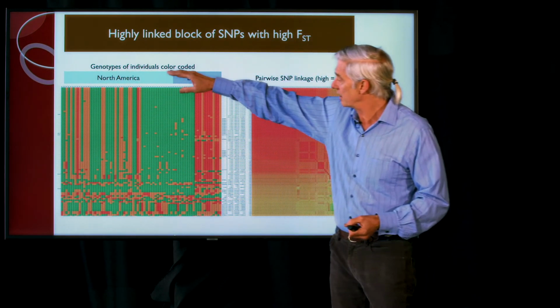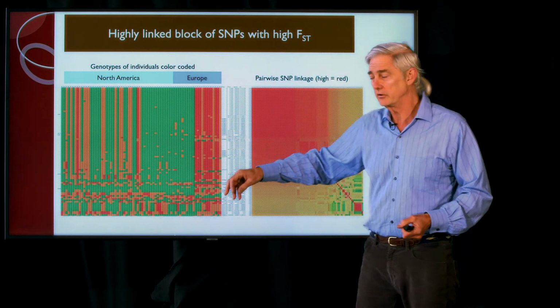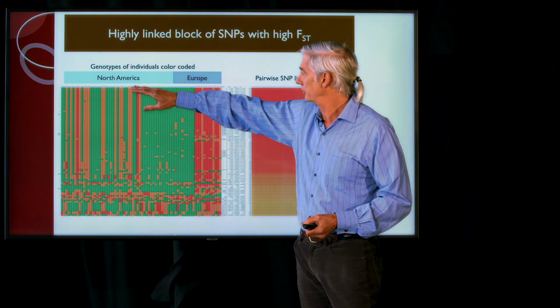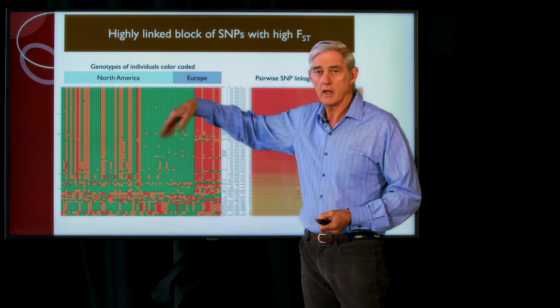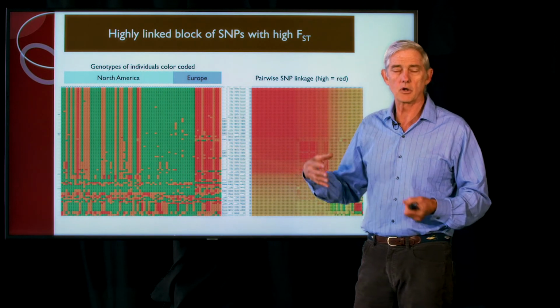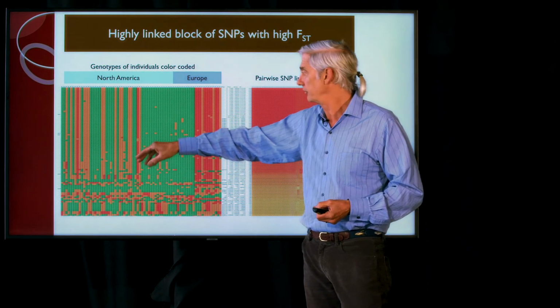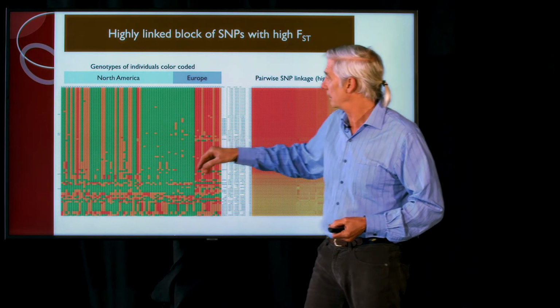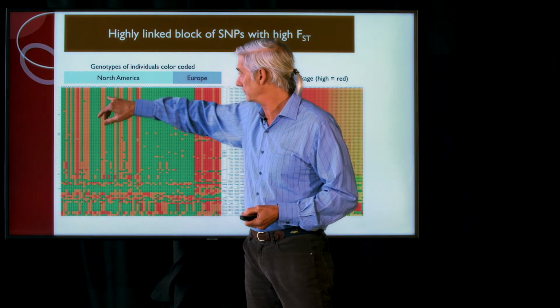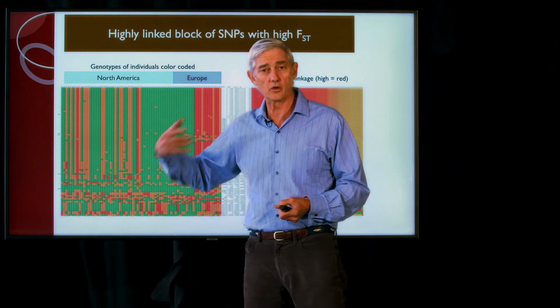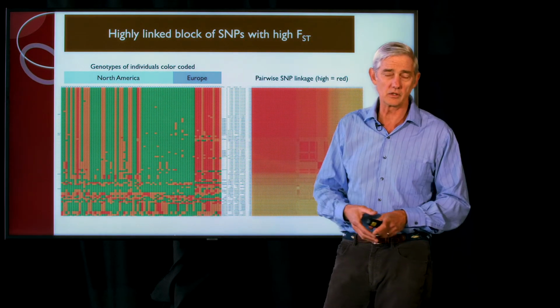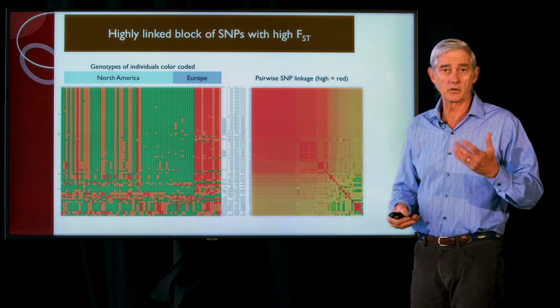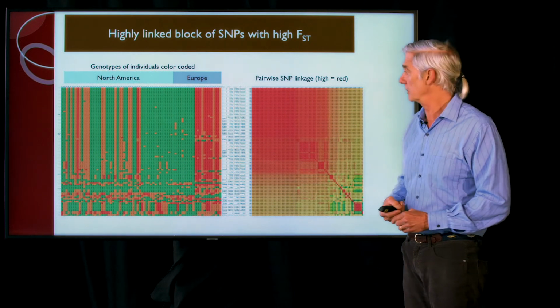And when you see columns of the same color, it means that these individuals all have the same genotype across many different loci. So the fact that these columns are so easily discerned means that the genotype of an individual at one locus tells us almost perfectly what the genotype is at another locus in another individual.